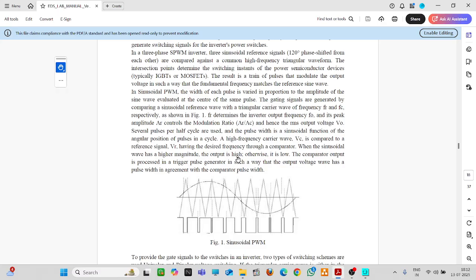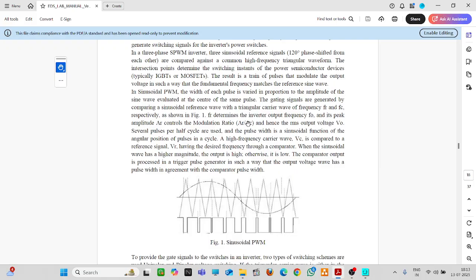The frequency modulation and the amplitude modulation are the two factors which are very important in the SPWM inverter. Now, when you talk about the amplitude modulation, that will be AR upon AC. Now, AR means the reference waveform amplitude, and AC means the carrier waveform amplitude. AC is kept fixed.